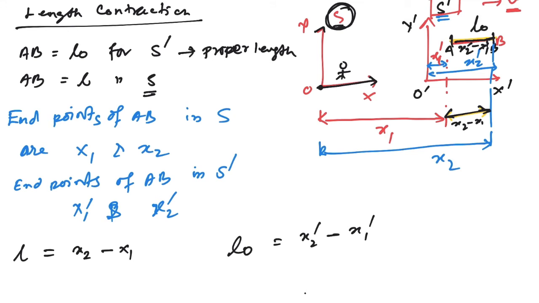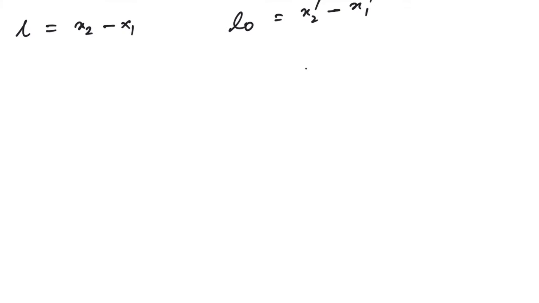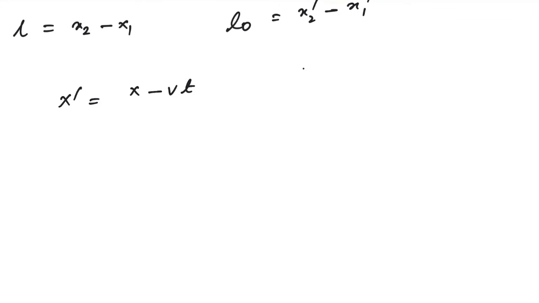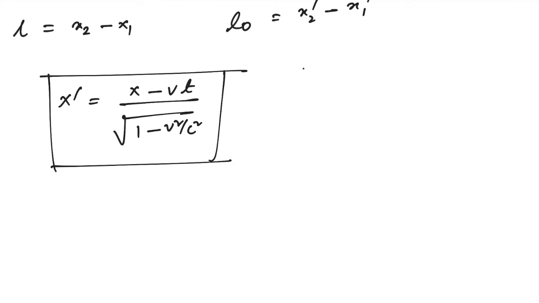Now, according to the Lorentz transformation, what we have got is x dash is equal to x minus vt by root over 1 minus v square by c square. So we have already established this relation. I will provide the link of the video where I have explained the Lorentz transformation in the description box. So please go through it. Then you will understand this length contraction.